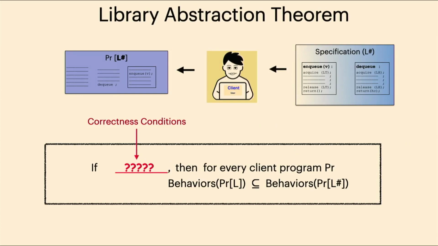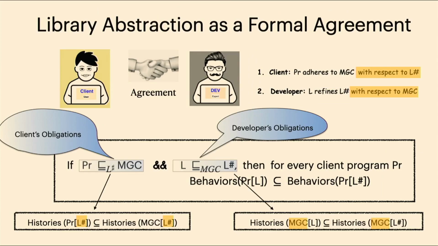What we are heading towards finally is a library abstraction theorem, where our end goal is this behavioral containment, and we want to identify these conditions. Using MGC, the library abstraction theorem can be visualized as a formal agreement between the developer and the client of the library.